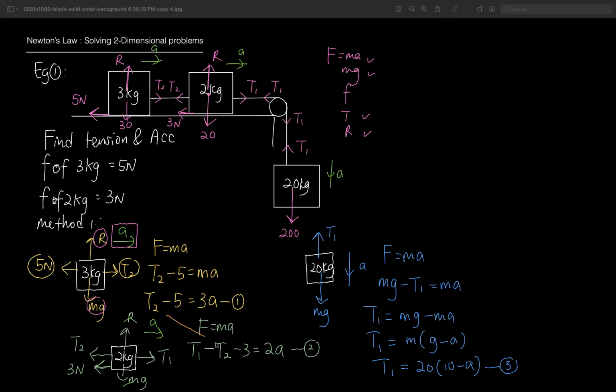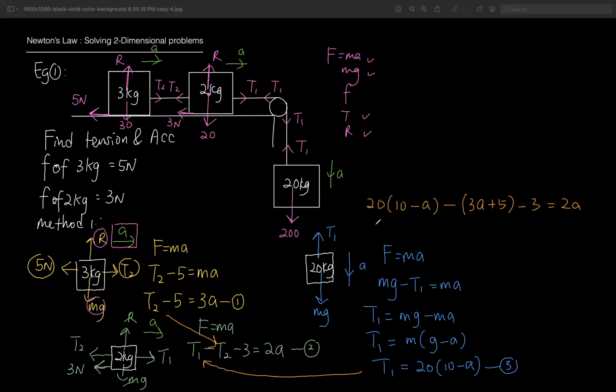So this T2 I put here, T1 I put here, so that everything becomes only one unknown. So 20 times (10 minus a) minus T2, which is 3a plus 5, minus 3 equals 2a.